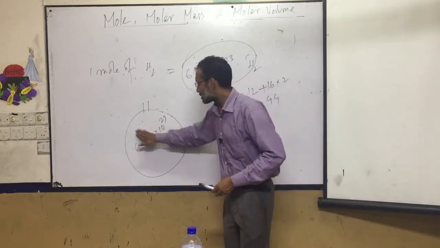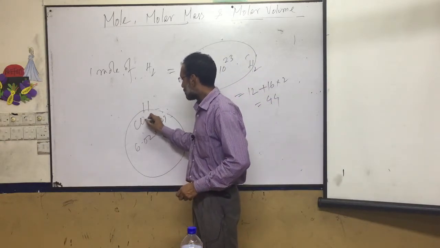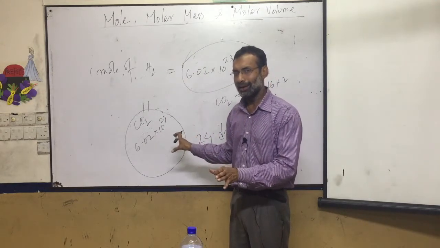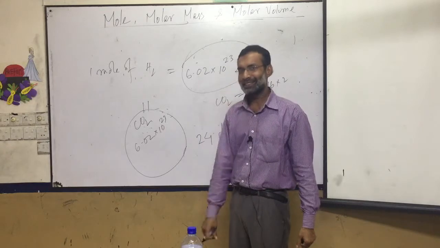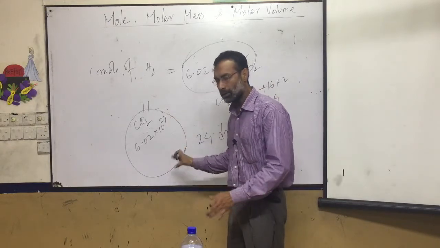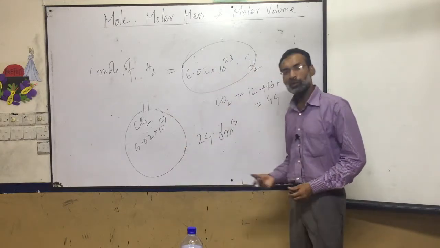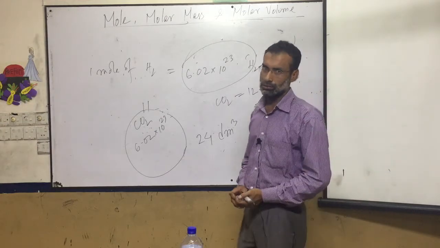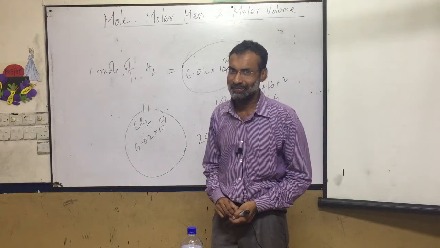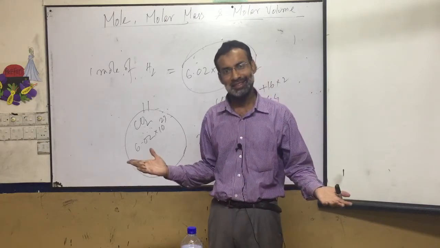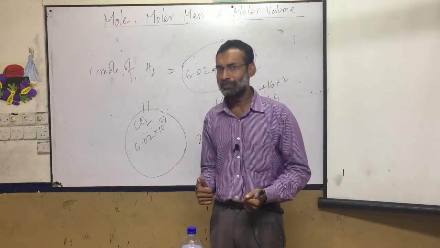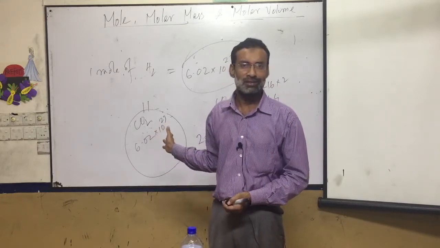But if this is carbon dioxide, not hydrogen, the number of molecules also same. We still call this mole, but volume occupied will be same. That is 24 dm cube. Surely, molar masses are different for different substances, but molar volume of different gases same, whichever is the gas.